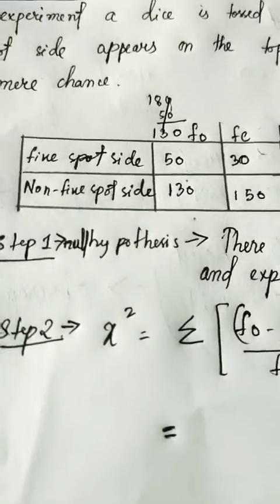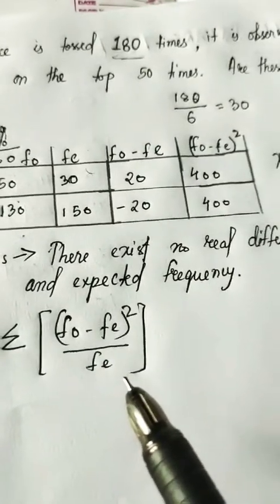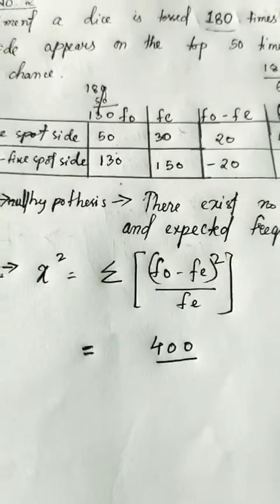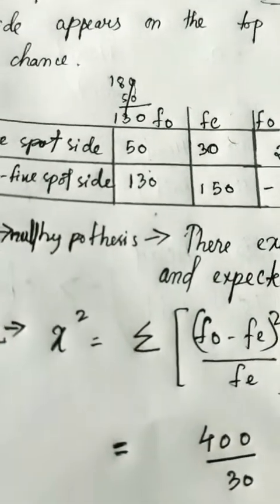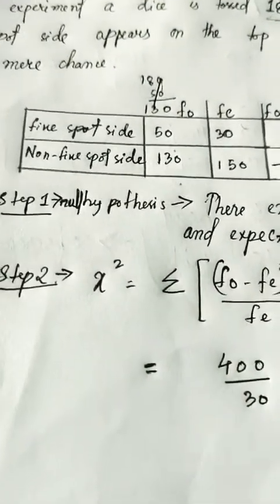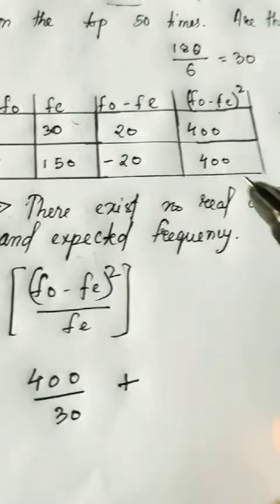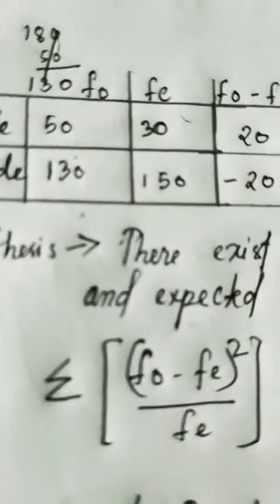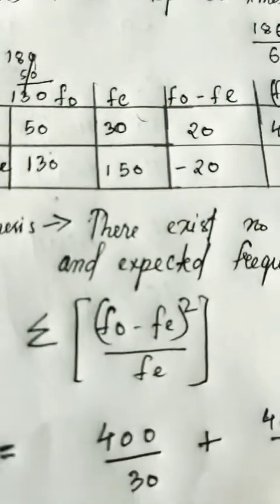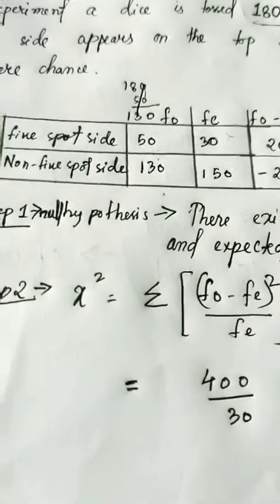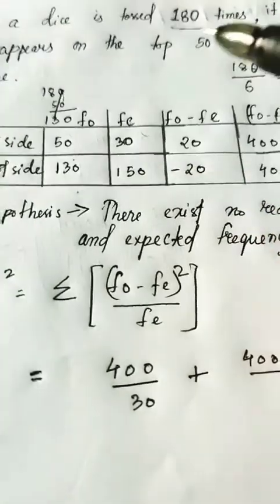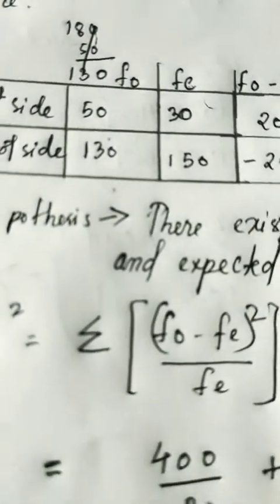For the 5 spot side, FO minus FE whole square is 400 divided by the FE, which is 30, plus, for the non 5 spot side, FO minus FE whole square, we have found to be 400. So we will write it as 400 divided by, now here the FE, that is expected frequency, is 150. So we will write it down as 150.